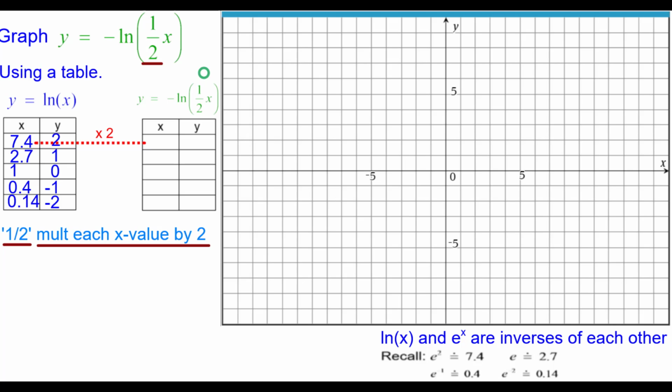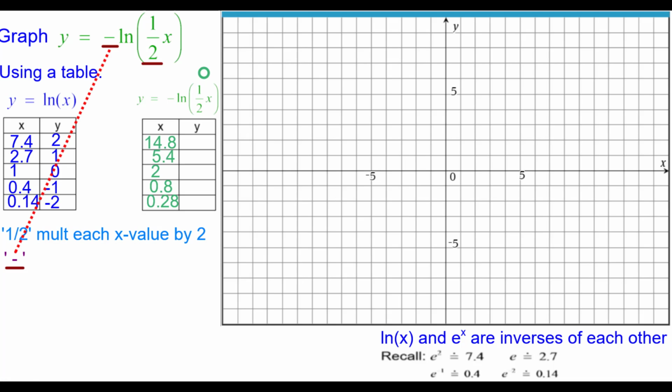So 7.4 times 2 is 14.8. We're going to ask you to go ahead and finish those 4 values. Pause to do that. Resume when you're ready. So 2.7 doubled is 5.4, 2, 0.8, 0.28. Again, press pause anytime to get caught up.